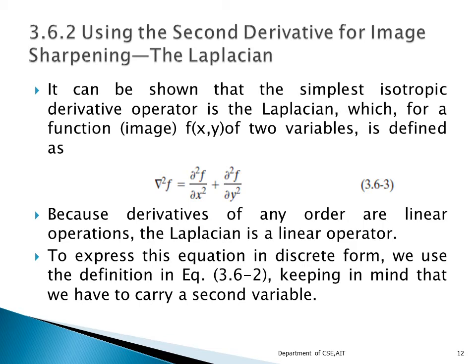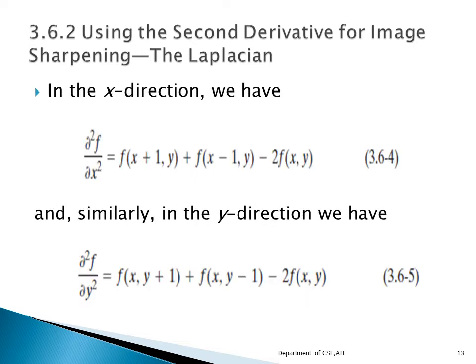This equation is derived from 3.6.2. This 3.6.3 is for two variables, and we obtain it from the previous equation 3.6.2 by adding a second variable, y. So f of x,y is the formula, and this is called the Laplacian operator.